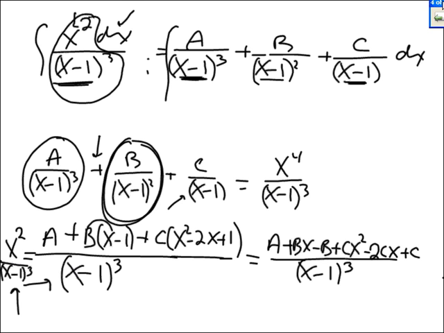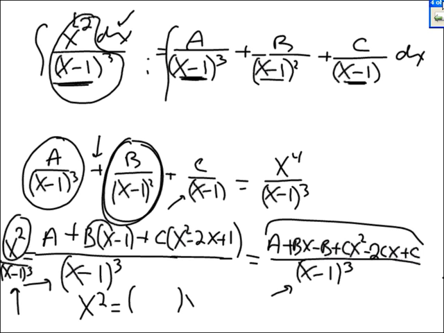Since the denominators are both the same, I equate the numerators. X squared must equal this numerator. But let us clean up that numerator. How many x squares do we have? Well, looks to me like we have c x squares.